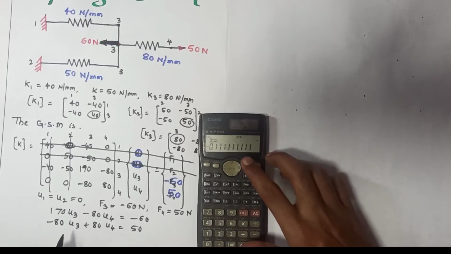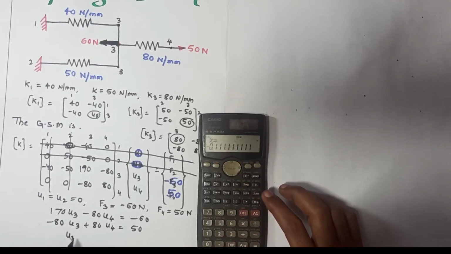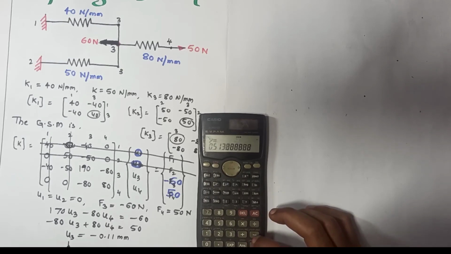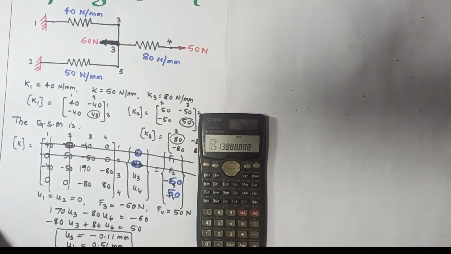So you get minus 0.11. It means the U3 value is minus 0.11 millimeter. Now the U4 value is 0.51 millimeter. So these are the displacements we obtain using this method. I will tell you another method.